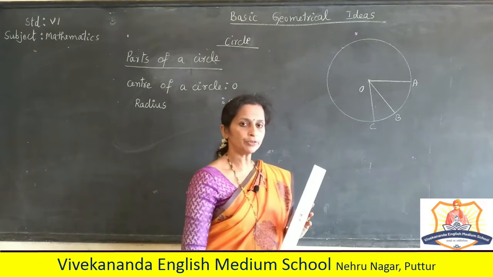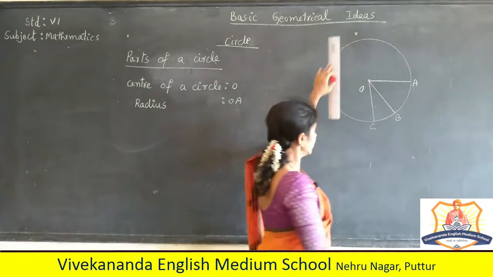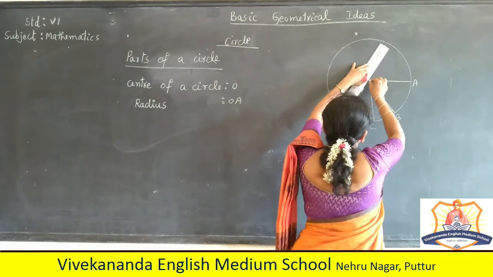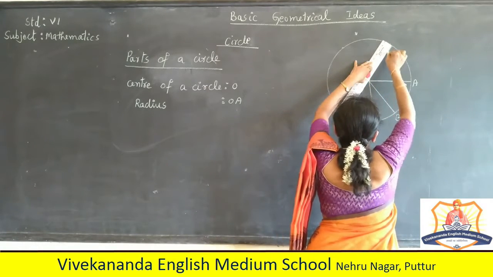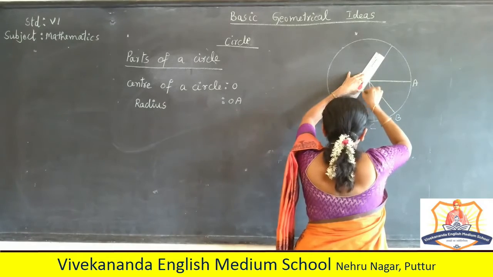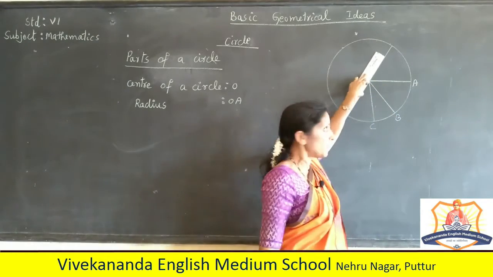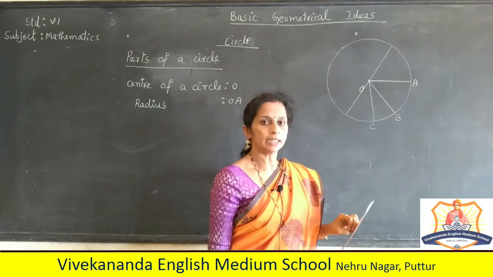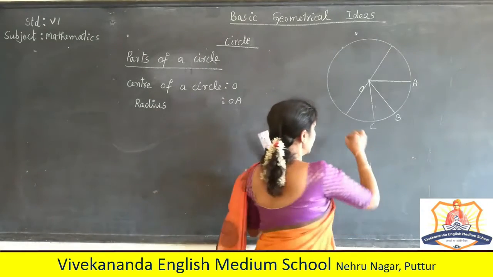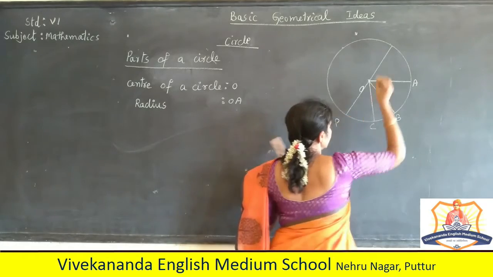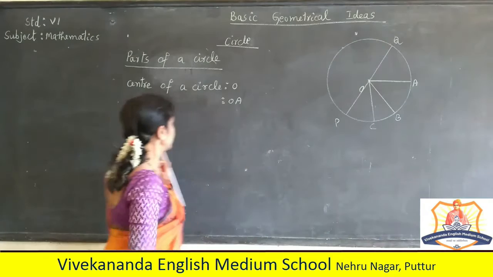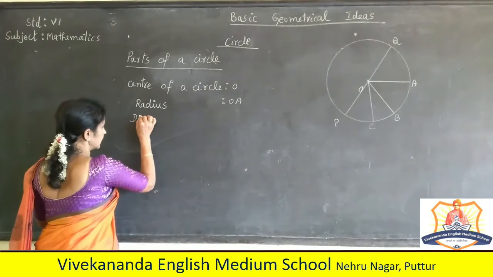And now if you join a line from one point of the circle to the other point of the circle which passes through the center, it is known as a diameter. I name this line PQ. So PQ is known as the diameter of the circle.